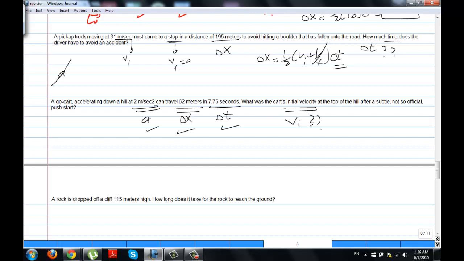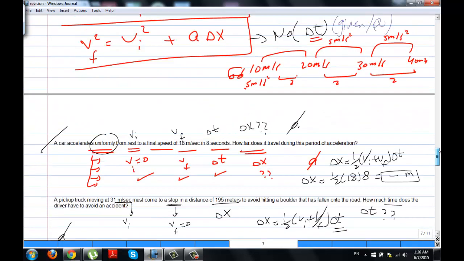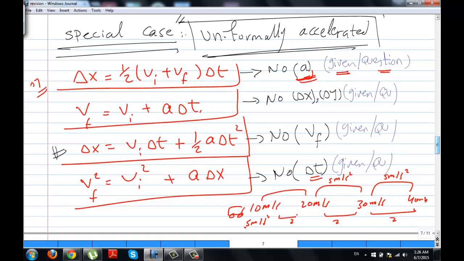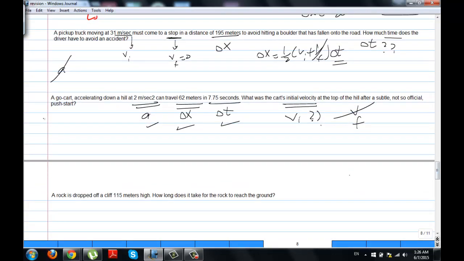What is not mentioned in this problem? Yes, very good, it is the vf. Vf is not mentioned here by any means. So I go back to my equations and find that the third equation has no vf, so I can use it: delta x is equal to vi delta t plus half a delta t squared.